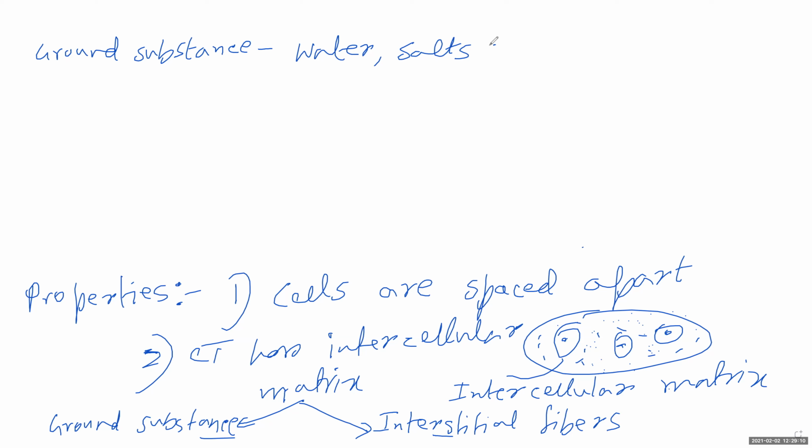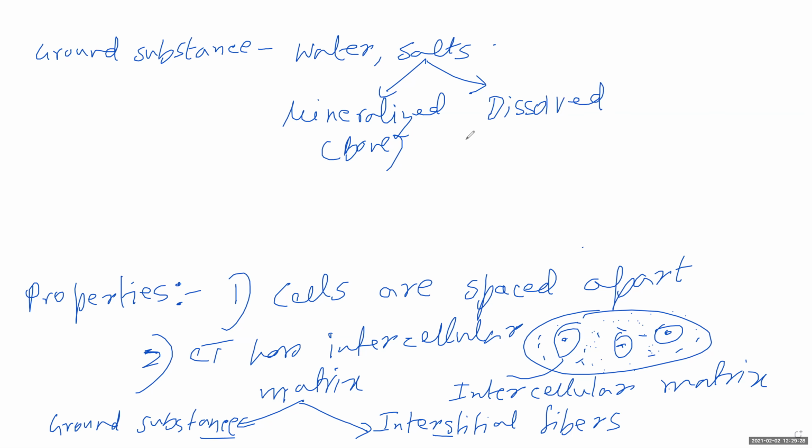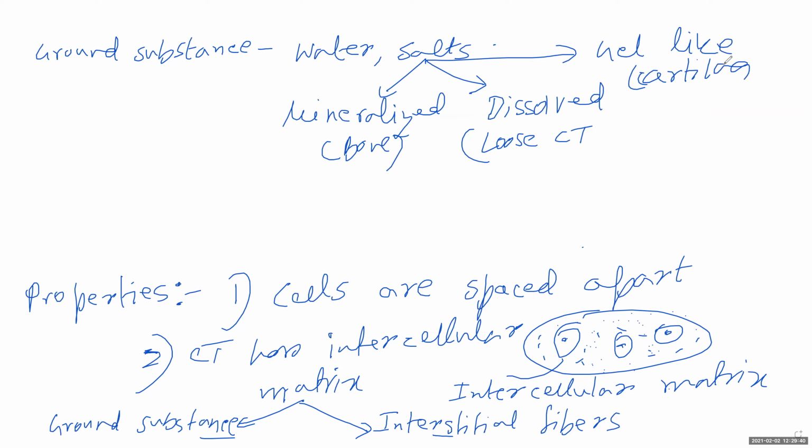These salts could be mineralized, as in case of bone, or these salts could be dissolved, as in case of loose connective tissue, or these salts could be gel-like, as in case of cartilage.